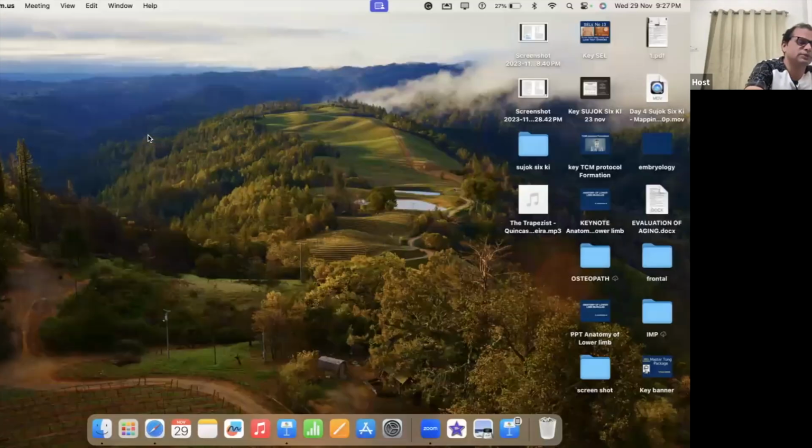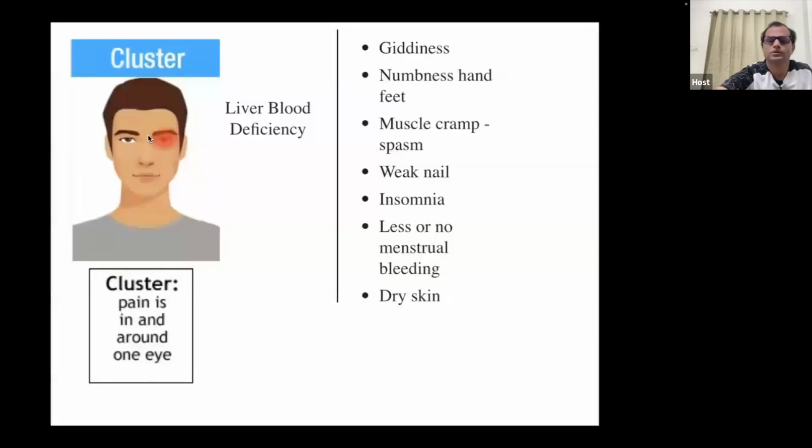When the person is suffering with liver blood deficiency, the second symptom is cluster pain, the pain in and around the eyes.